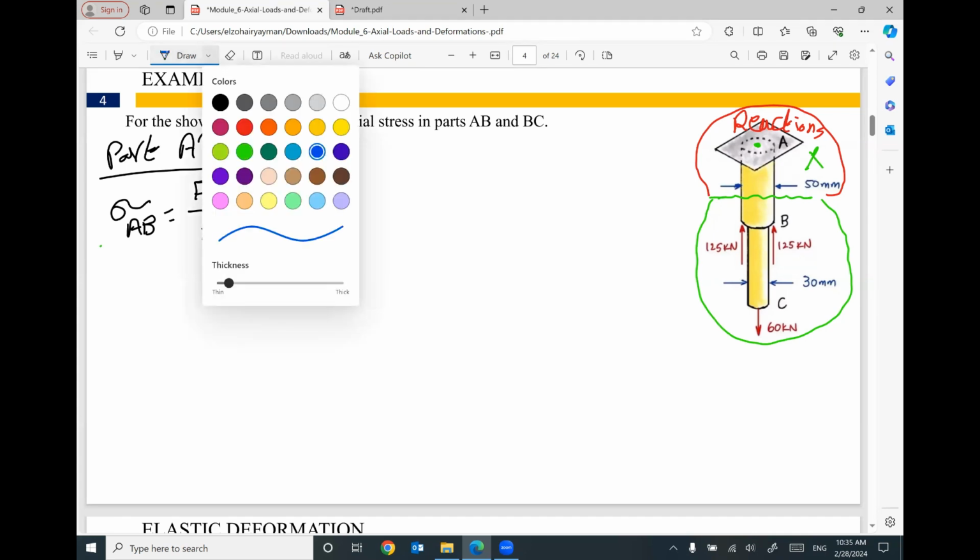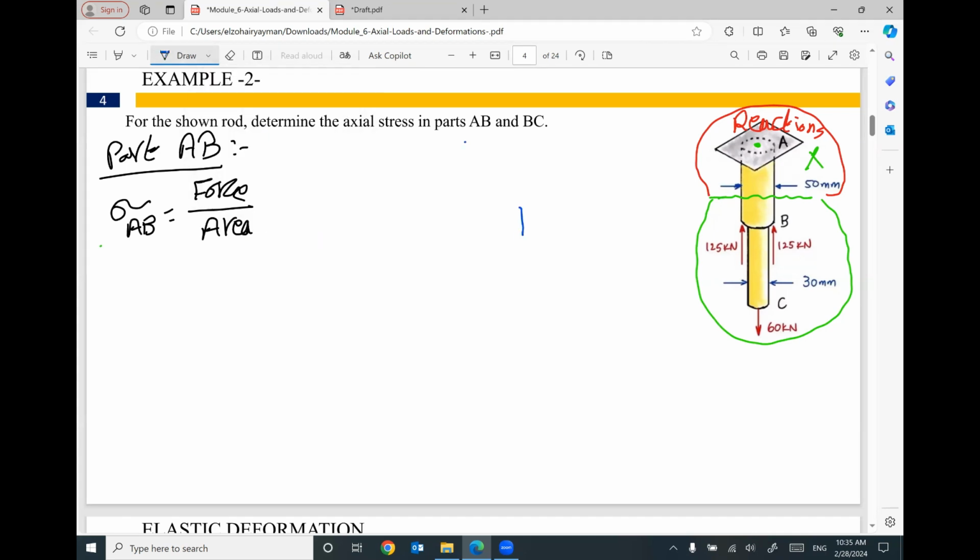So the lower part looks like this. We have this part, and I cut here. This is point B, this is point C. We have a force here, 60 kilonewton, and we have two forces here, 125 kilonewton, 125 kilonewton, and that's it.